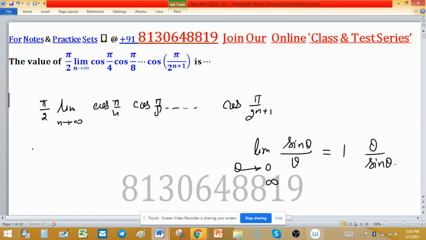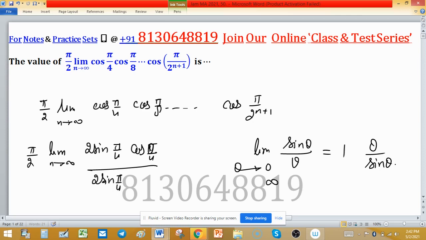We are going to multiply by the sine function, limit n tends to infinity 2 sine pi upon 4. This is my first term, cos pi upon 4 divided by 2 sine pi upon 4. We need to divide this because we multiplied in the numerator. So this is my first term.